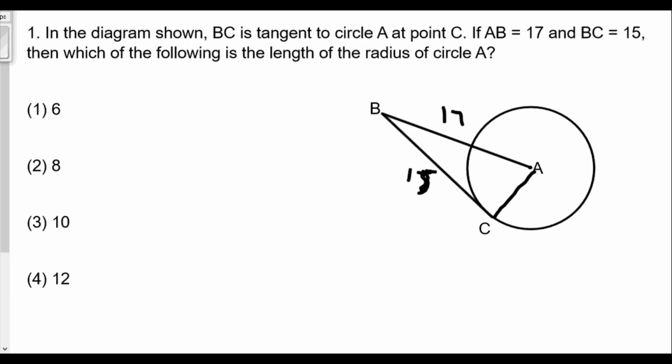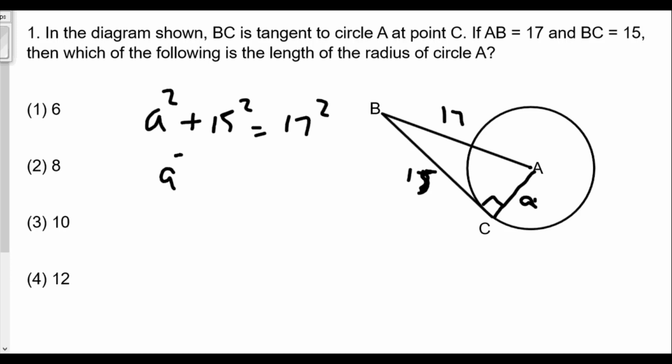So we know that the radius is going to be perpendicular to our tangent segment or tangent line. And so here we have a right triangle. That being the case, we can set up the Pythagorean Theorem. I'll call this A. So we'll have A squared plus 15 squared equals 17 squared.